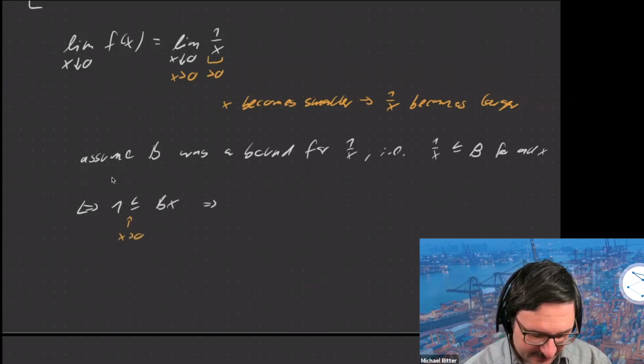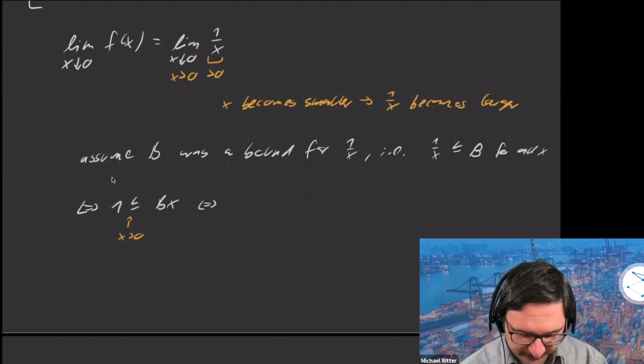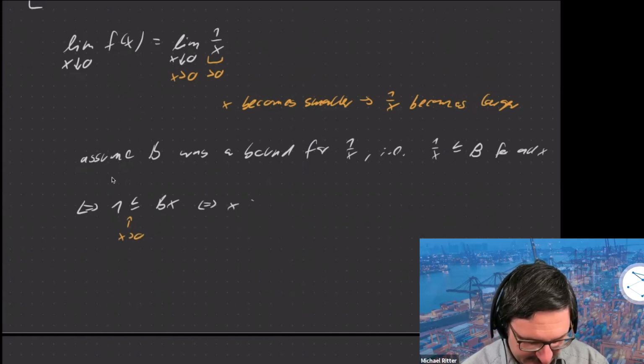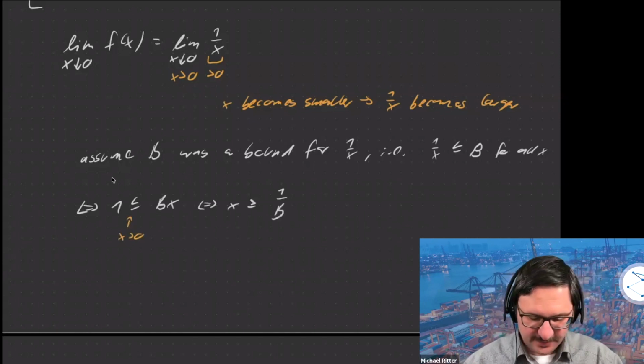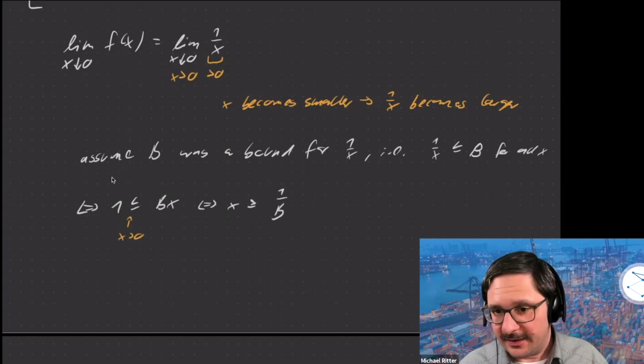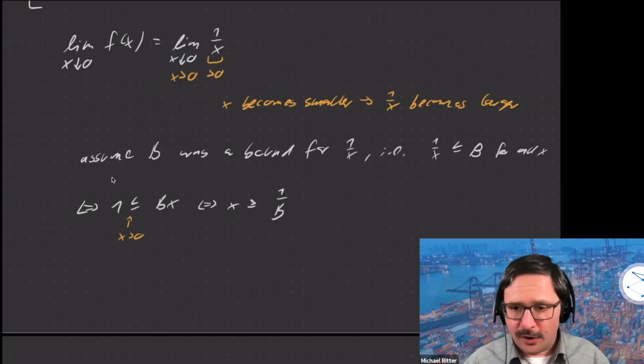And that in turn means we have to choose x greater or equal to 1 over b for that to be true. That also means if we choose x smaller than that, then it will not be true anymore.